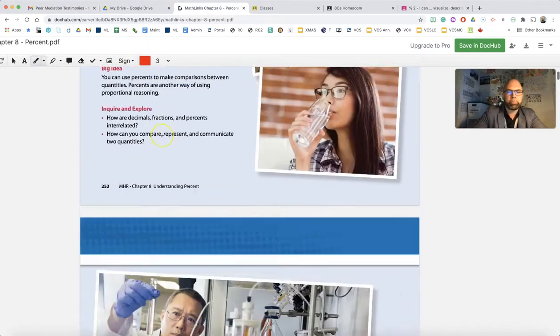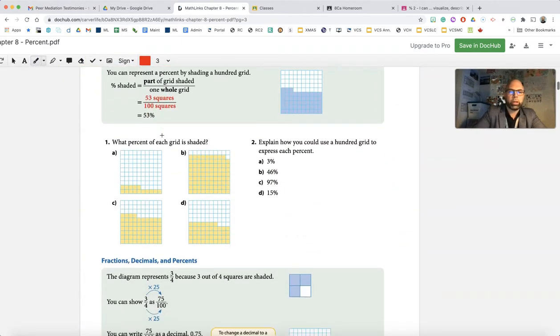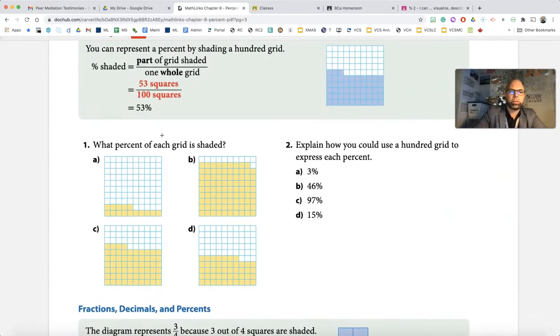There, I have a red pen. Okay, so what percent of each grid is shaded? So I'm going to say this is about 15%. Excuse my messy writing. And this is 64%. Yeah, it is hard to estimate without counting, for sure.